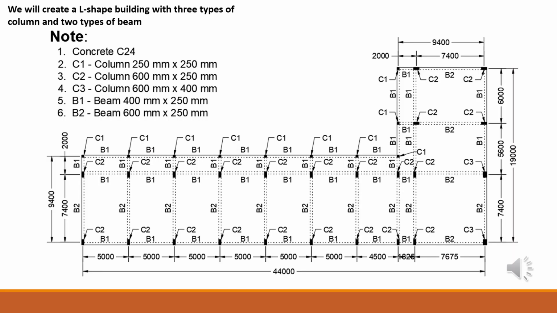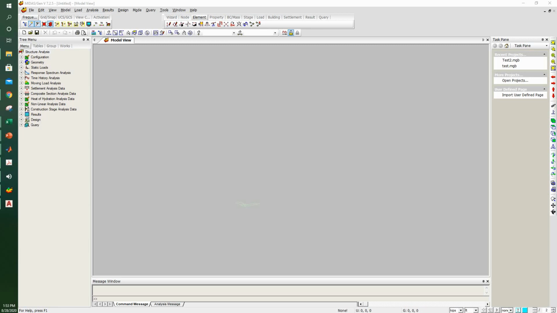We will create an L-shaped building with 3 types of column and 2 types of beam. First of all, it is program setting and defining element properties.